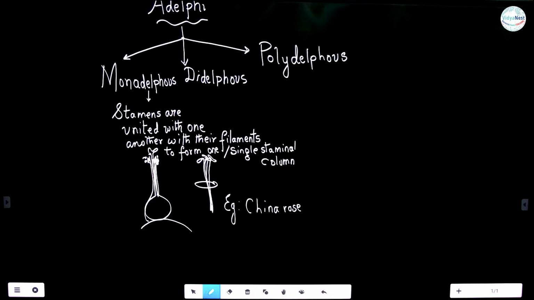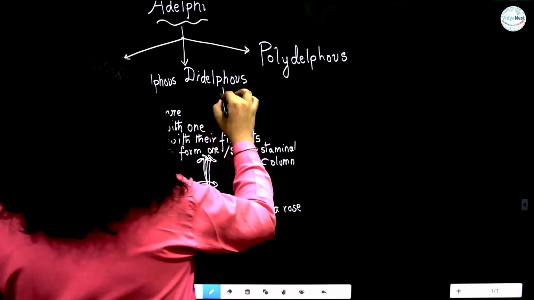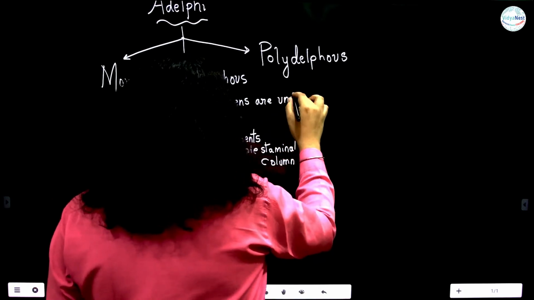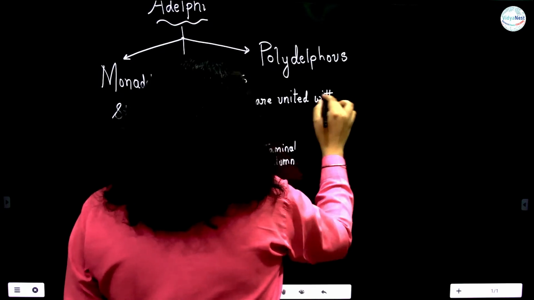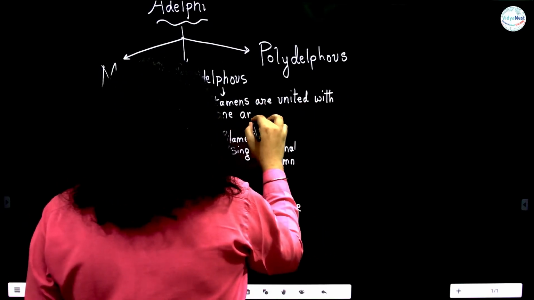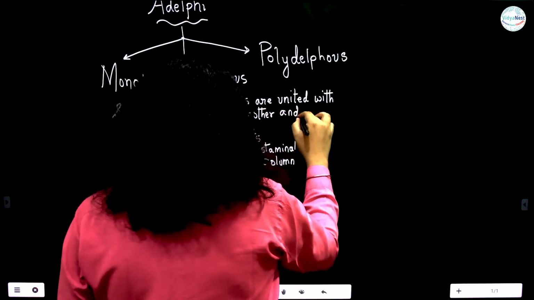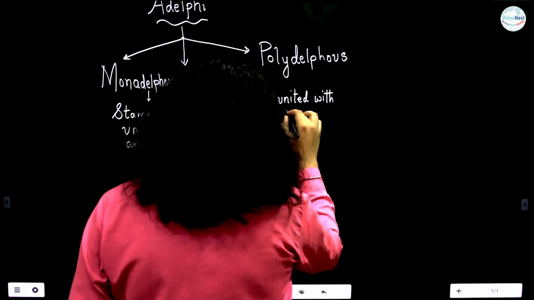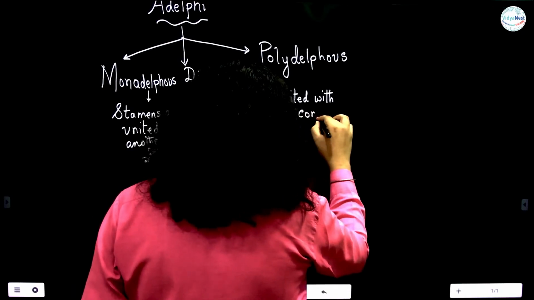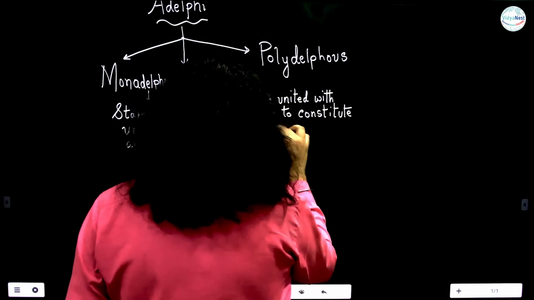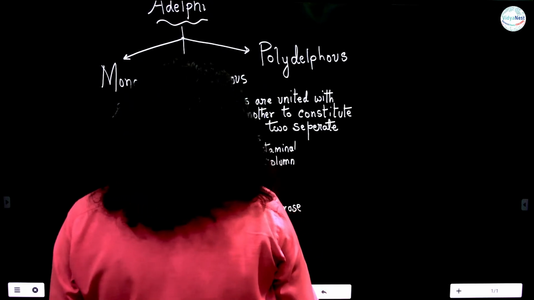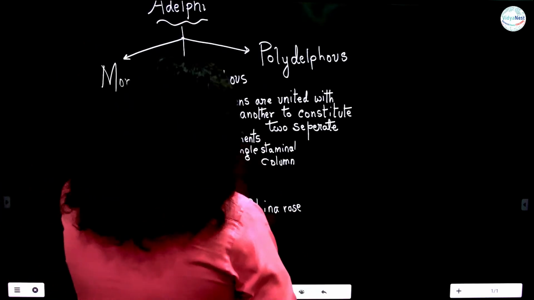Now the diadelphous condition means the stamens are united with one another with their filaments to constitute two separate bundles, that is, two separate staminal columns.